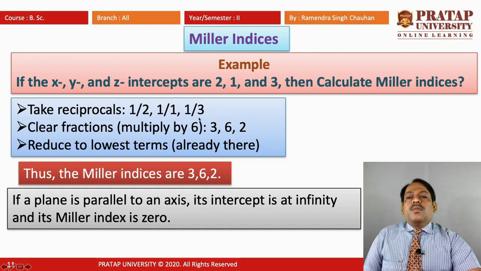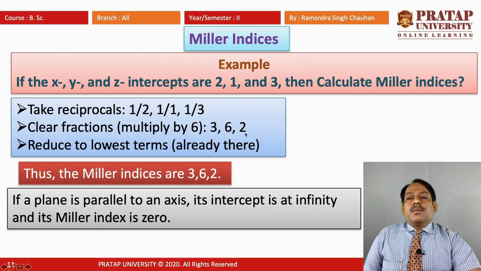And so what will we get? For 1 by 2 we will have 3, for 1 by 1 we will have 6, and for 1 by 3 we will have 2. Now we need to reduce to the lowest terms, but that is already the case, because there is nothing common in these three numbers. 2 and 3 are prime numbers, so they do not have anything common, and we cannot find a common factor.